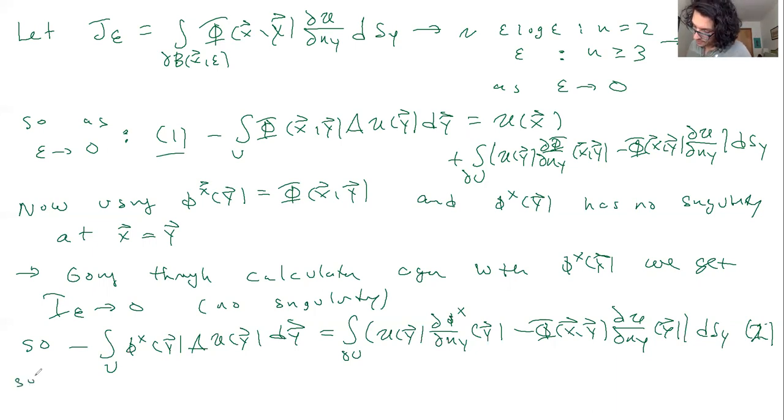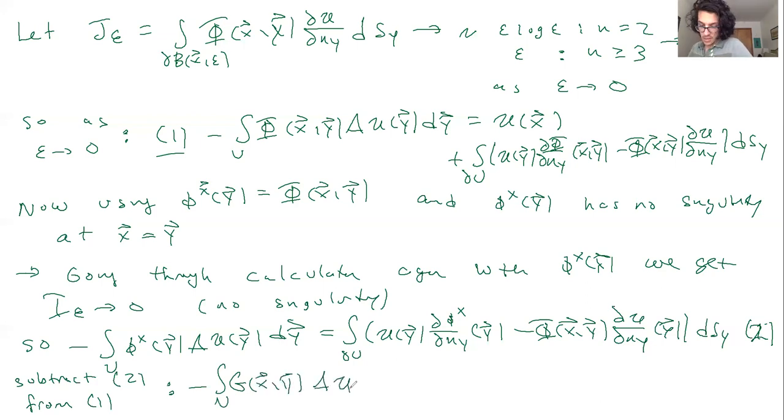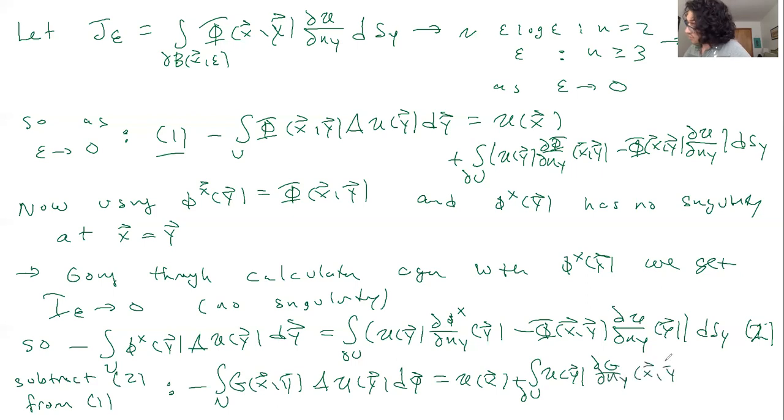And if we subtract 2 from 1, what we get is minus the integral over the domain of G x, y Laplacian of u y dy equals u of x plus the integral over the boundary of u y dG dn y of x, y, dS y.